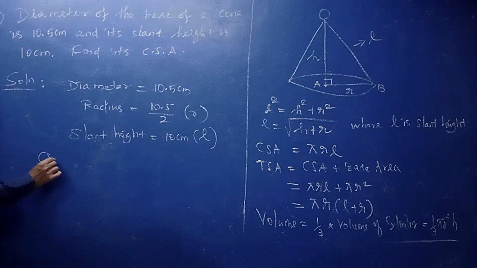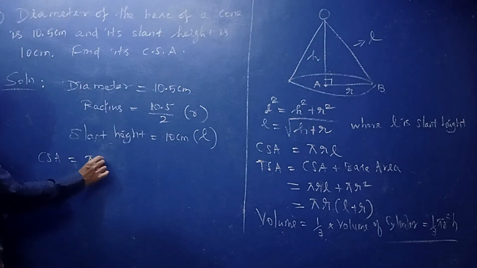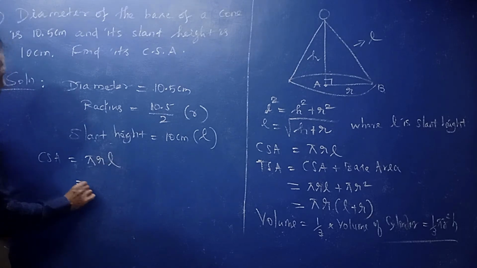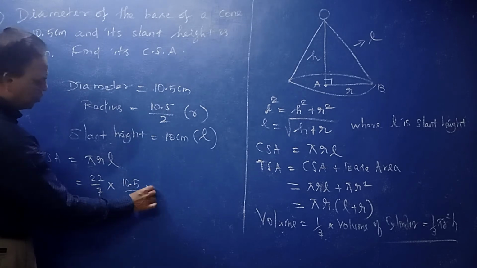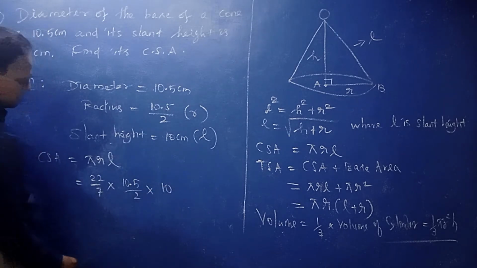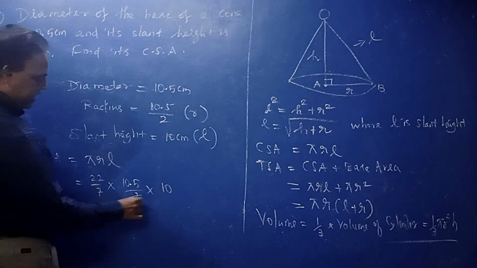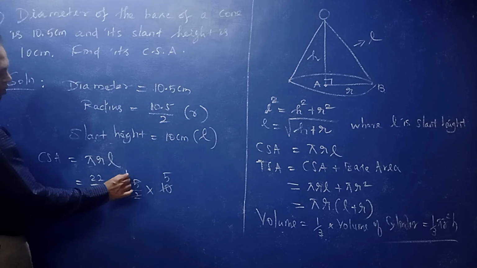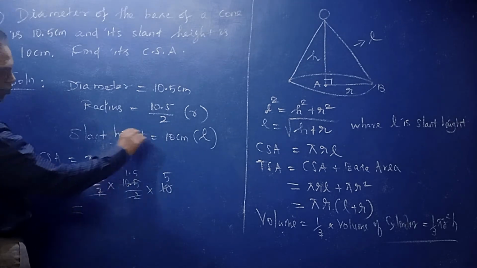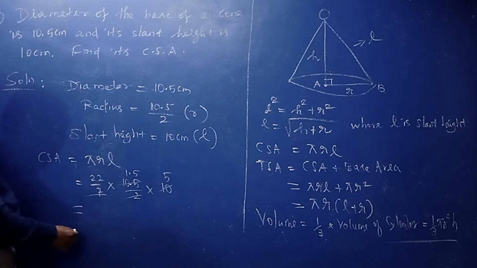Therefore, CSA equal to the formula. CSA of cone is pi r L. So pi value 22 by 7 into R, 10.5 by 2, into L, which is 10. You can cancel this 5 times. This 7 you cancel, 1 time, and the remainder is 1.5. So you just multiply.